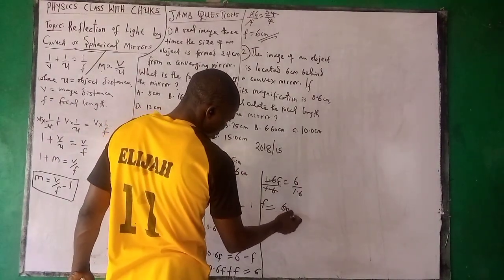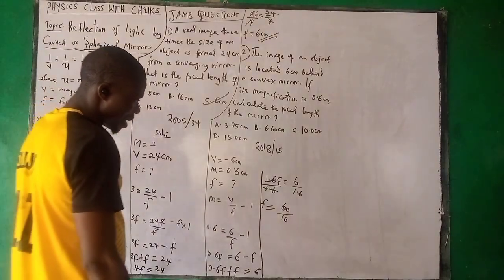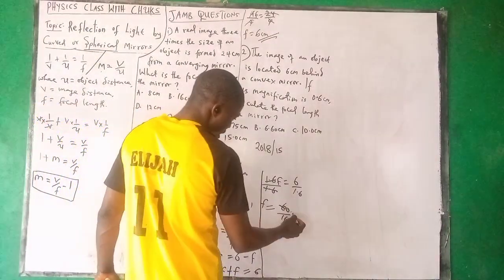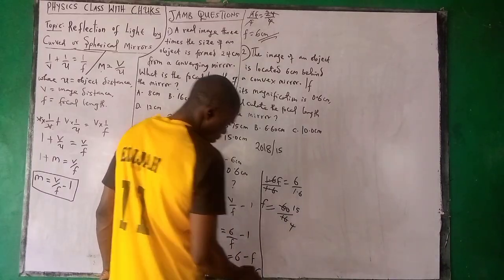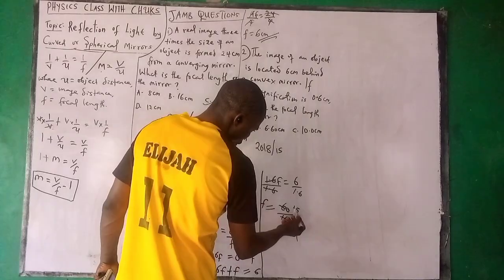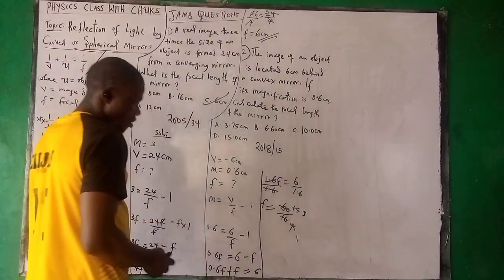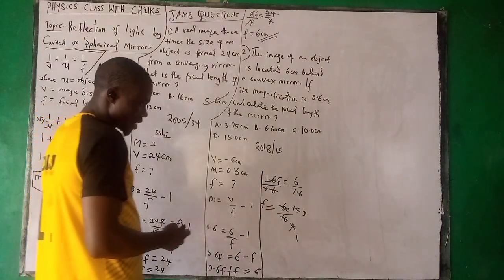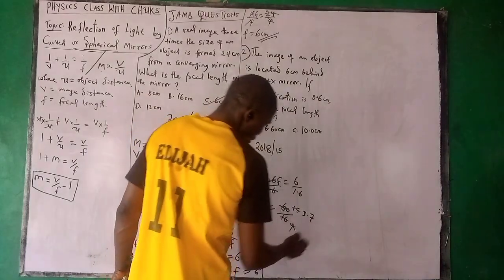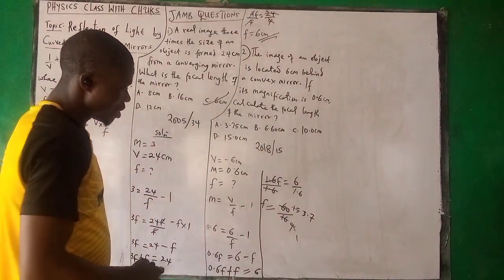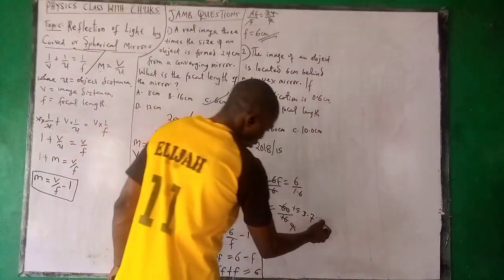This can be 60 over 16, and I can use 4 to divide. 4 into 60 is 15, 4 into 16 is 4. Then 4 into 15 is 3, remaining 3, which is 30 now. 4 into 30 is 7, remaining 2, which is 20. 4 into 20 is 5.